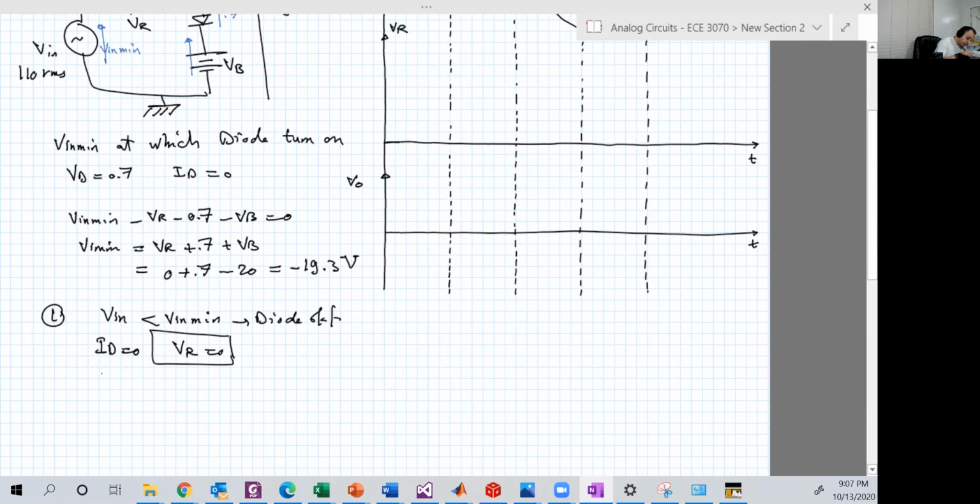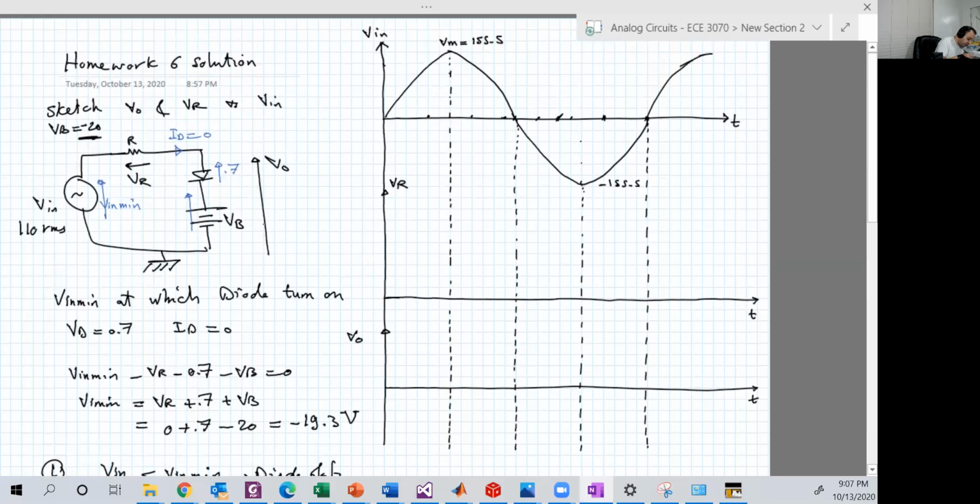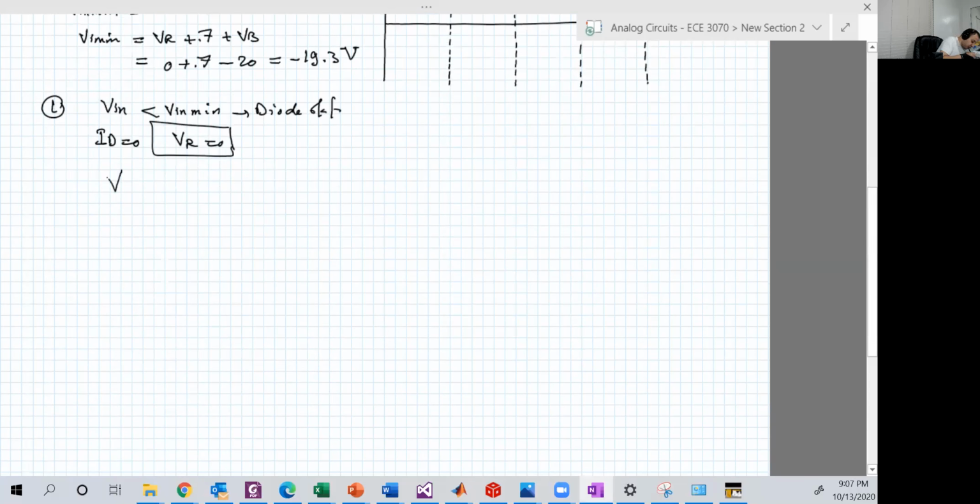And if we apply Kirchhoff here, you will see that VO plus VR equals VIN. VR is 0, so VO is equal to VIN. Actually, VO is equal to VD plus VB. But stick to the question. The question is asking to draw or plot VO.